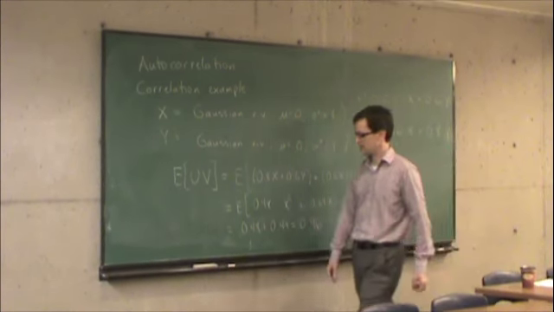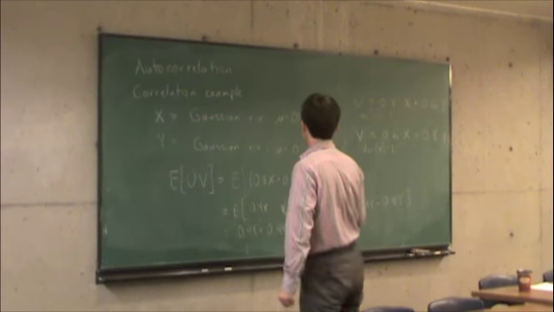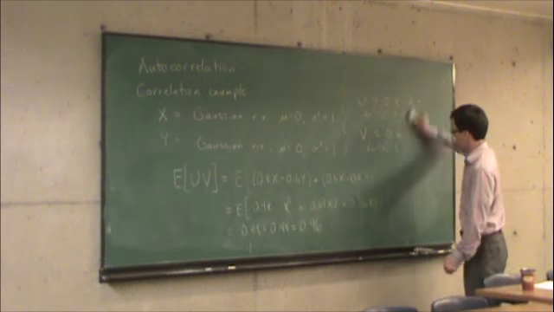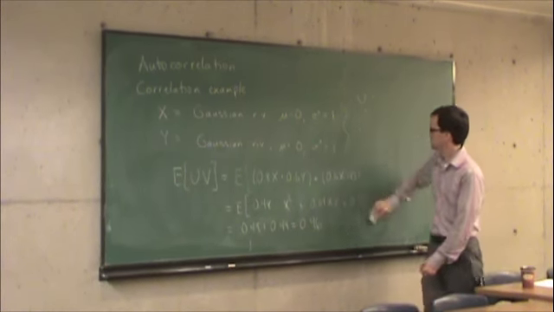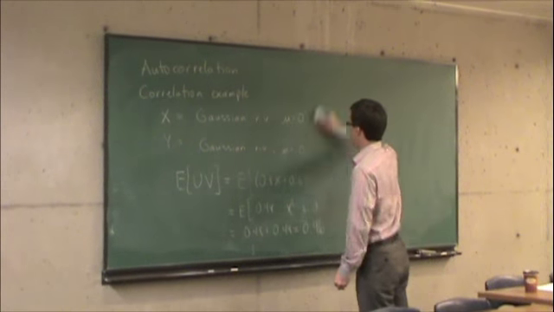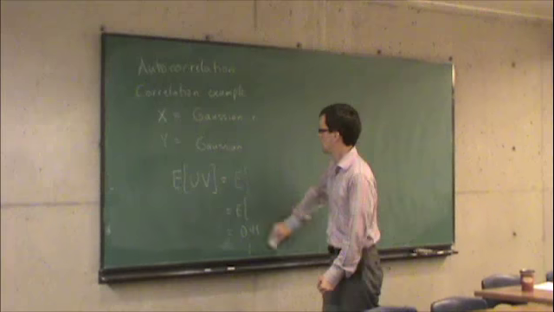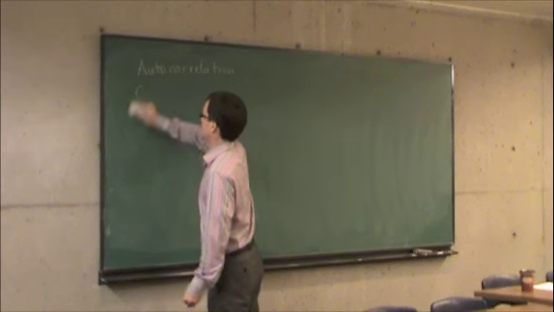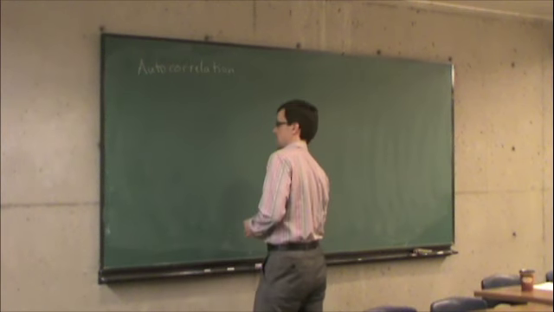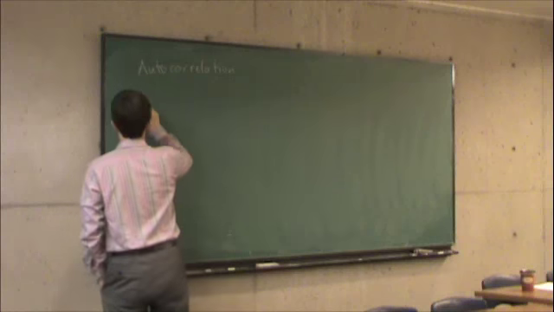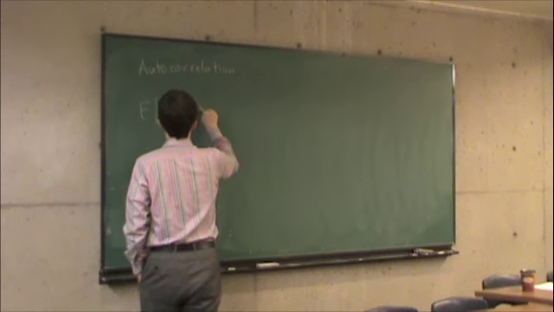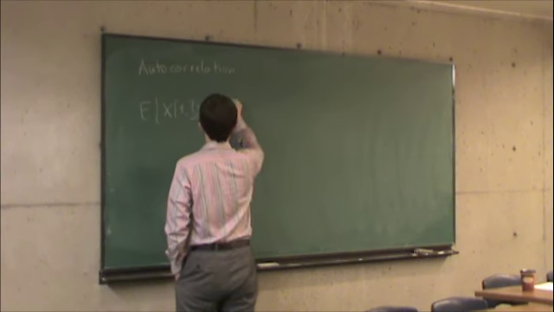Okay, so let's switch back to autocorrelation. So what is autocorrelation? It's exactly the same thing, except taking two values of a random process. So expected value, x of t1, x of t2.